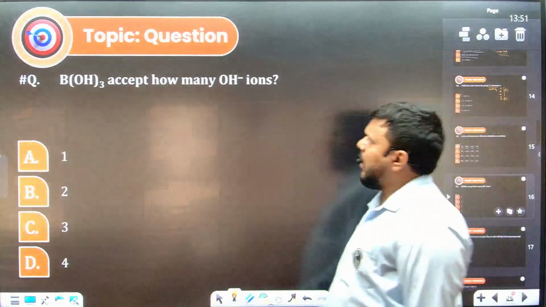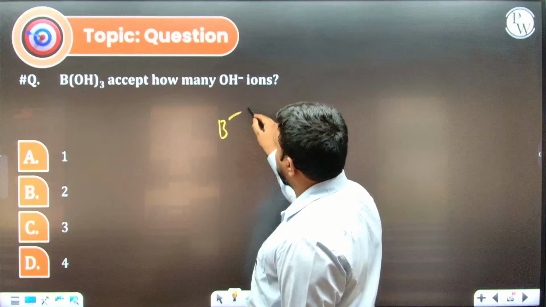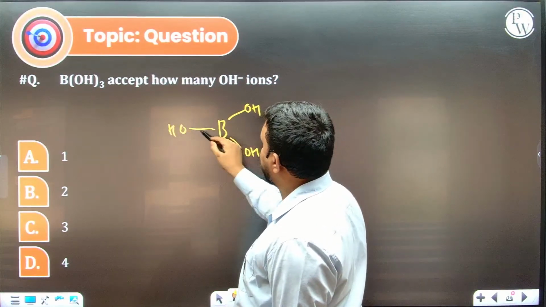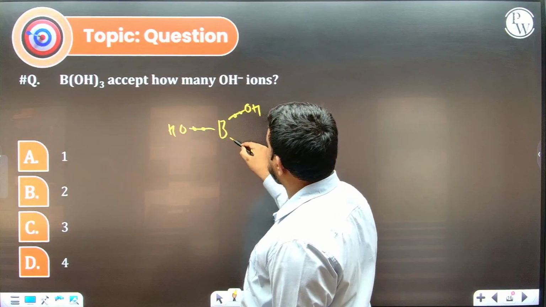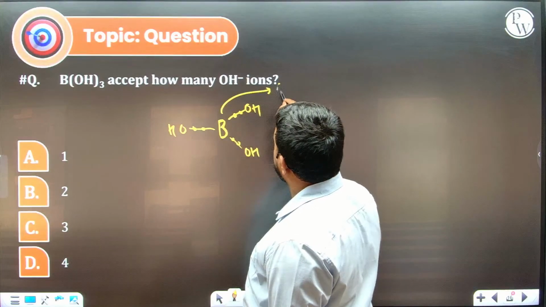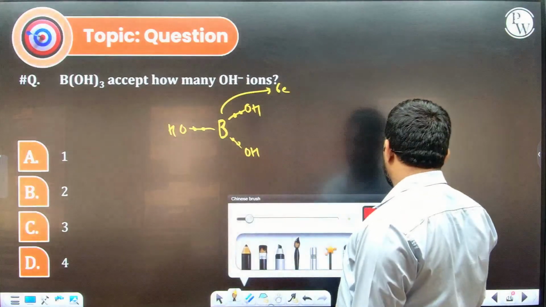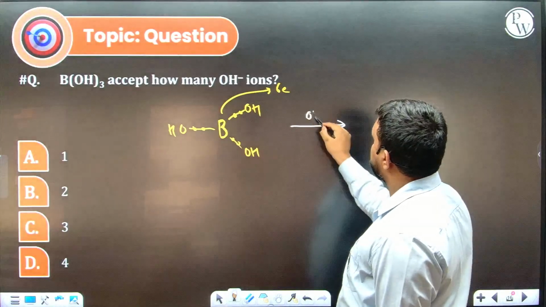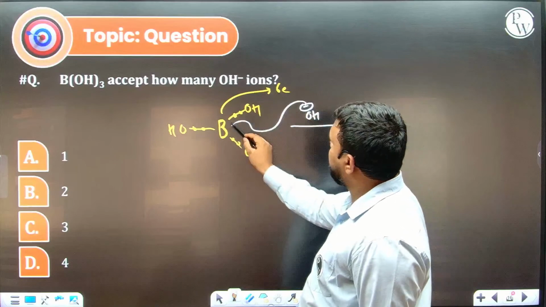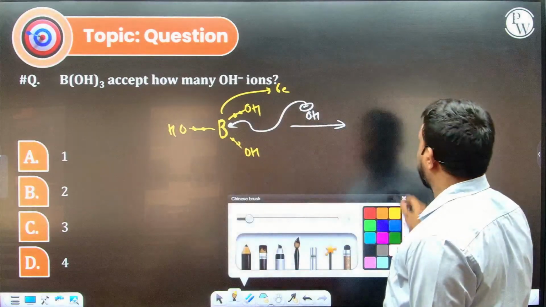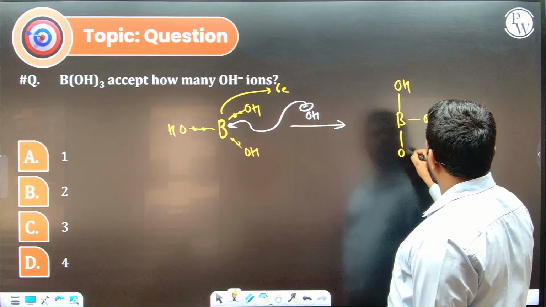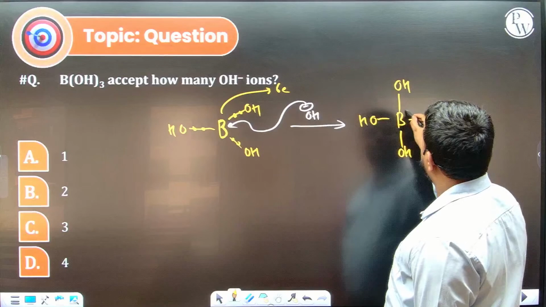B(OH)3 can accept how many OH minus? See, boron in B(OH)3 has 6 electrons. So what will happen? If one OH minus comes, it has one vacant orbital. So this OH minus will attack and you will get B(OH)4 with a -1 charge.